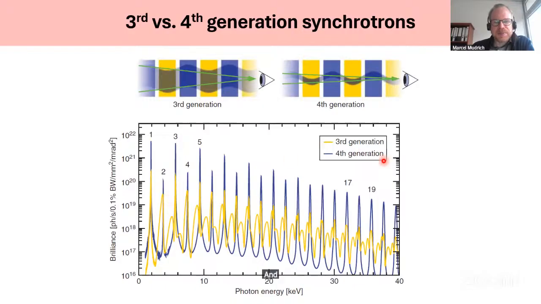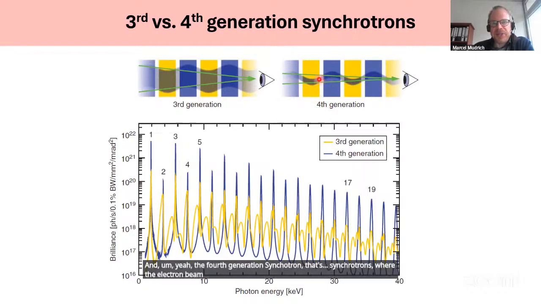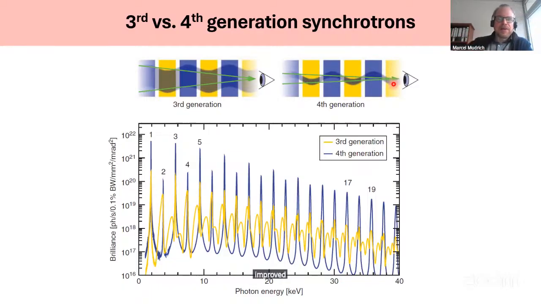And yeah, the 4th generation synchrotrons, that's synchrotrons where the electron beam is very tightly confined by improved design of the storage ring. So stronger magnetic field confinement, better design of the arrangement of the components to have very stiff confinement of the electron beam.